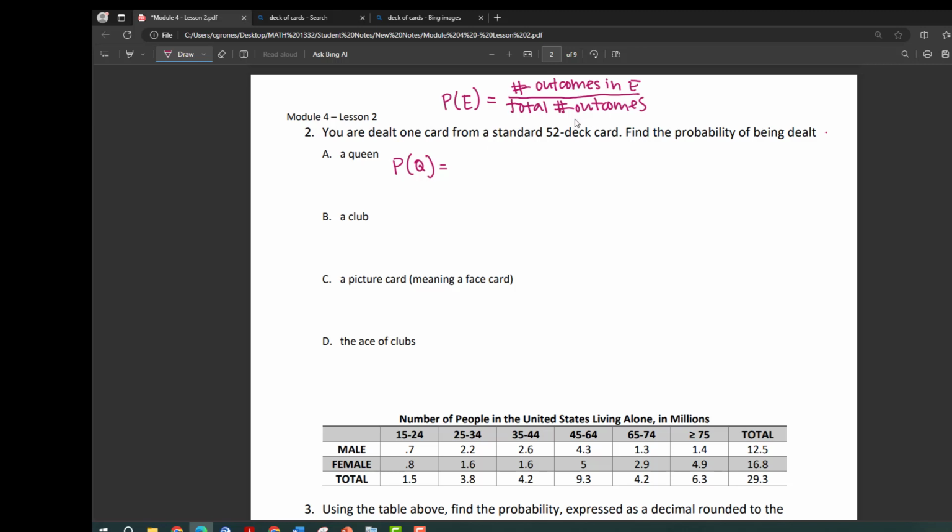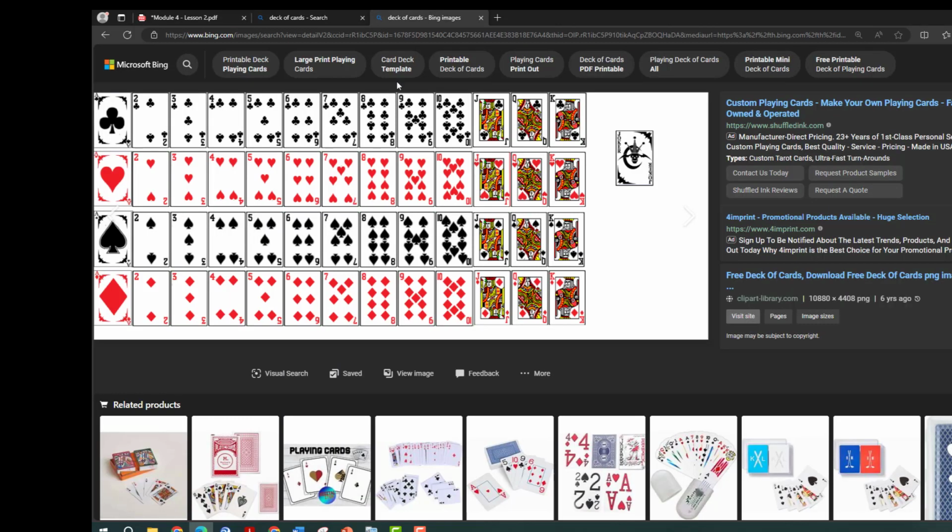So it tells us that there's 52 cards. If you didn't know, there's 52 cards in a deck. So that means that's going to be our denominator in all of these questions. So we really just need to find the number of outcomes in each specific event. If you need to use your picture, that is fine.